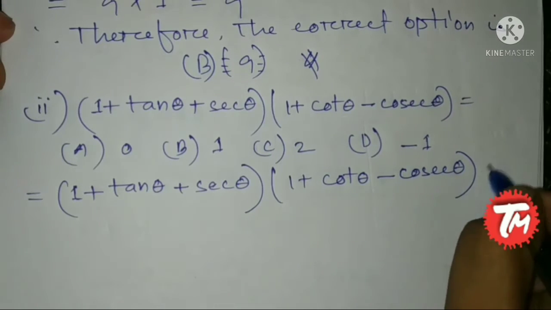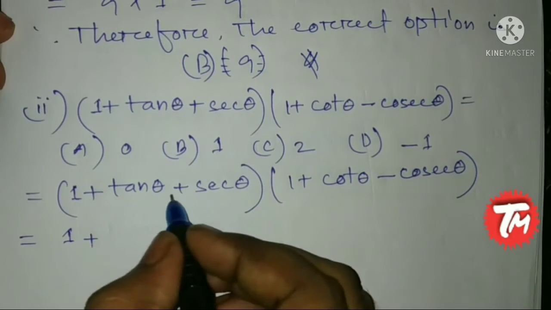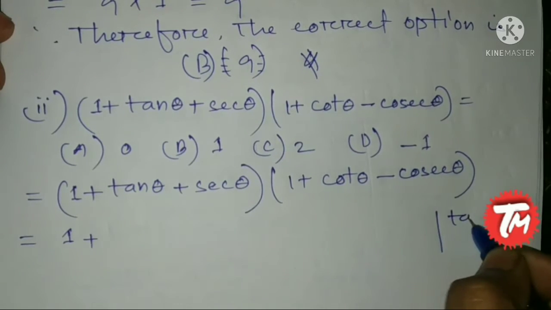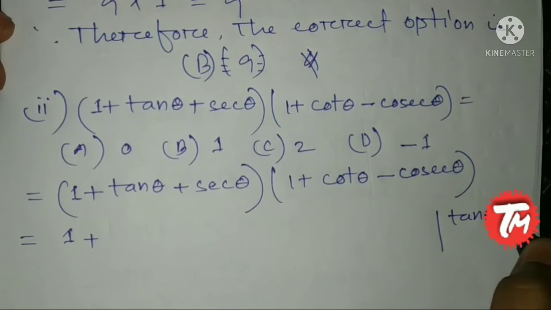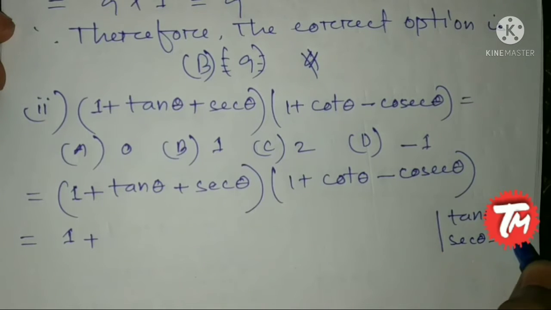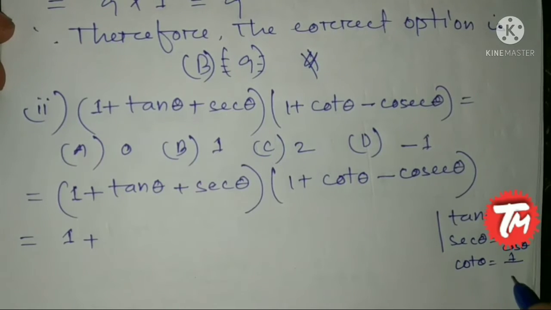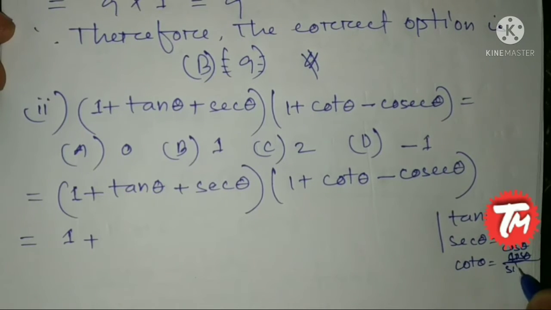Now we know that tan theta equal to sin theta divided by cos theta, and sec theta equal to 1 by cos theta, and cot theta is cos theta divided by sin theta.